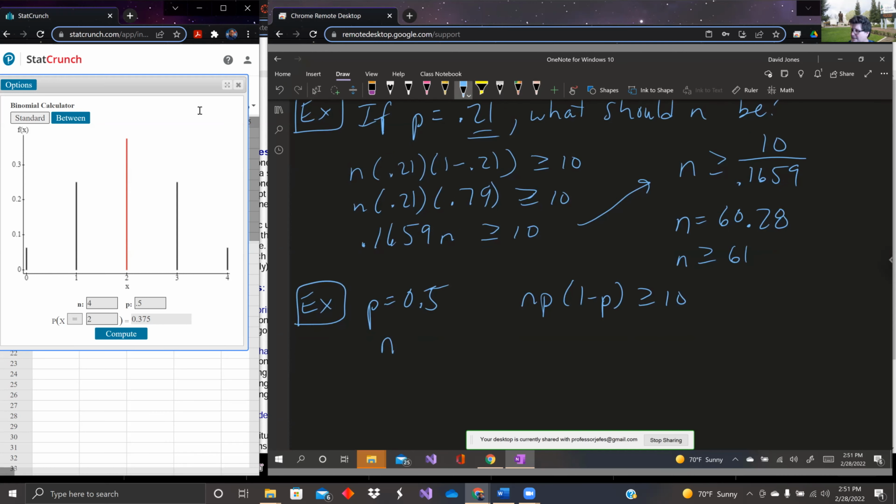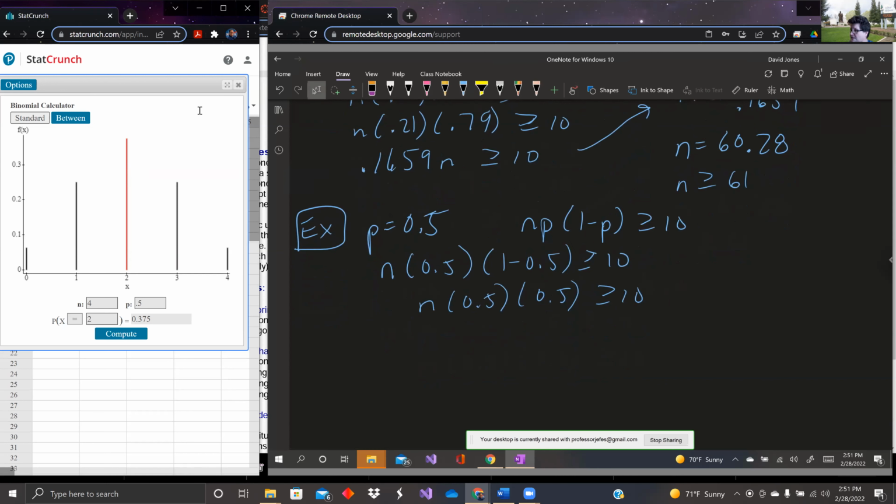We've got n times 0.5 times 1 minus 0.5. And this is n times 0.5 and then another 0.5. This is 0.25 when you multiply 0.5 together.